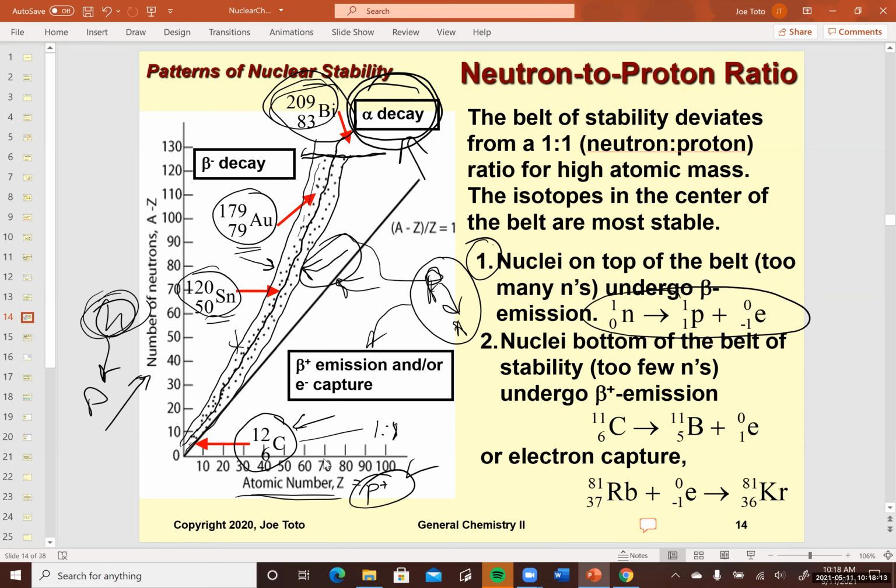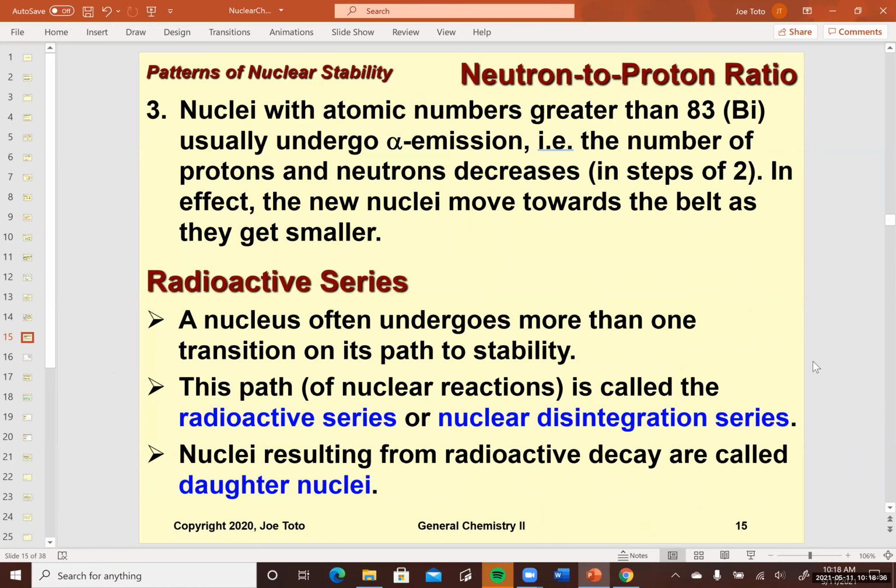If the atom's on the bottom side of the belt, then too many protons, and we can look at these two different decays where we convert protons into neutrons, get closer to that center line in the belt and more stable products. All righty. So this is a recap of what we just talked about.